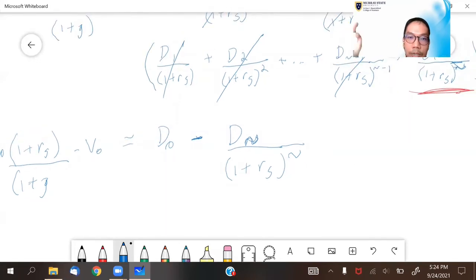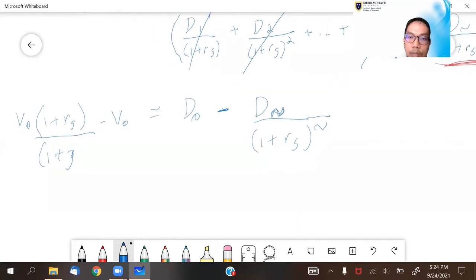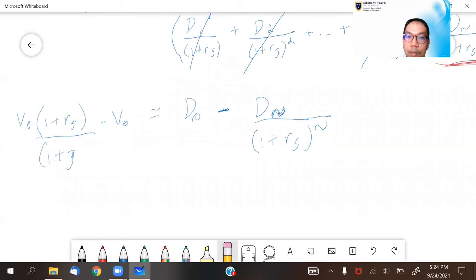Okay, so the same thing here. So I can change it a bit. This one would be like D null times 1 plus growth rate to the power of, yeah, infinity, yeah, like this, right?